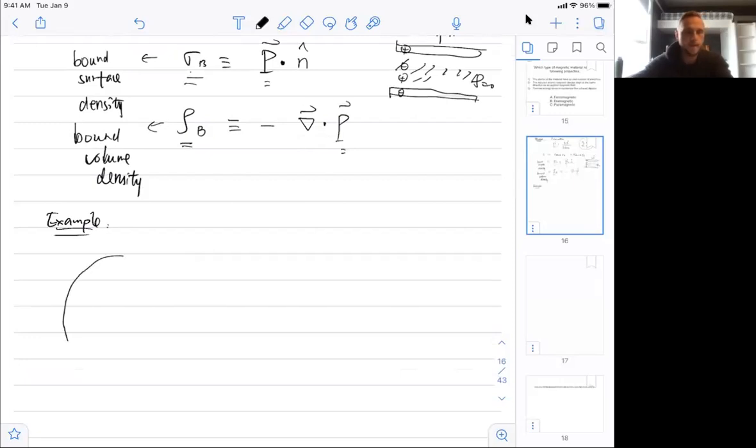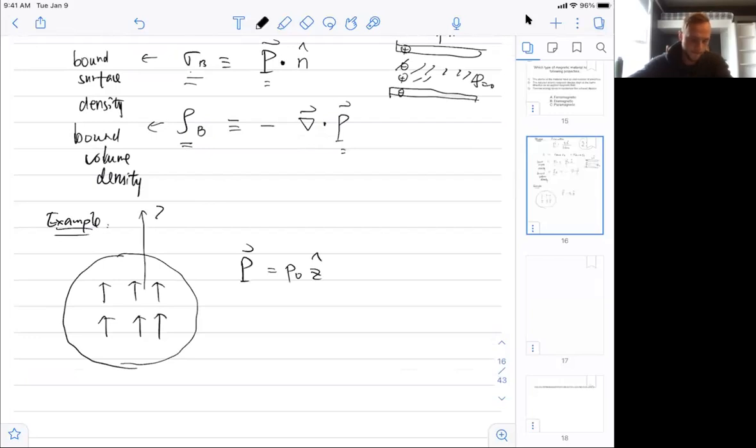The example is that you have a sphere with a certain polarization in this direction that's uniform. So P is a constant in the z direction. Okay, so this is my z direction. You can see that here we do not have bound volume charge because it's uniform, there's no divergence.